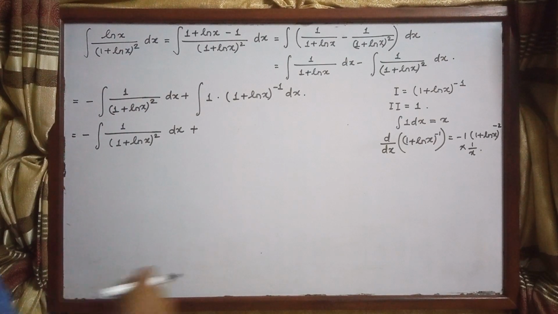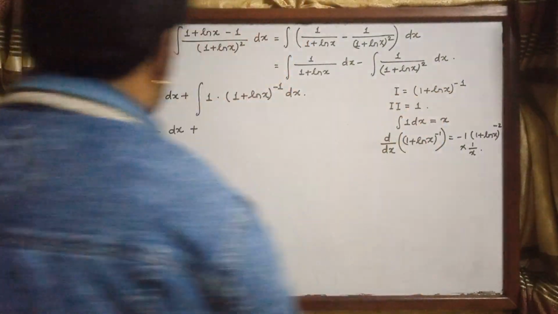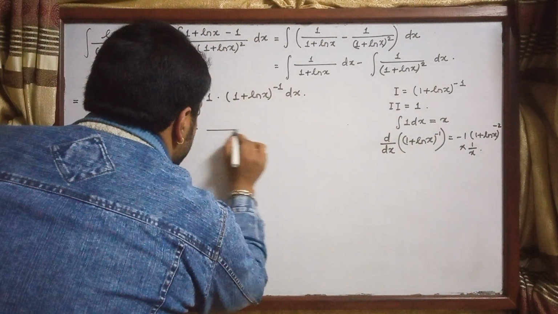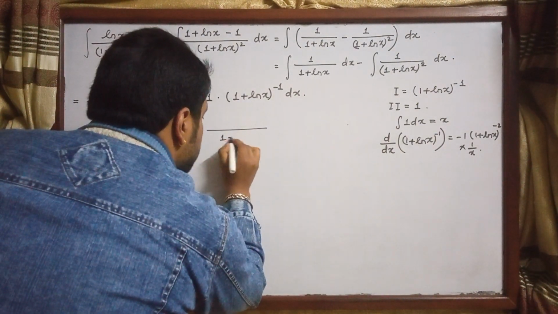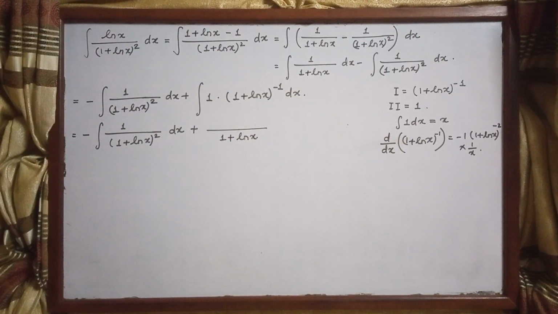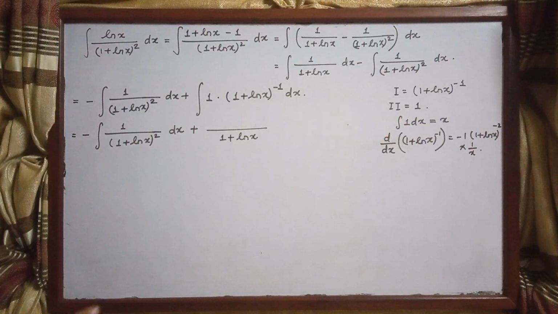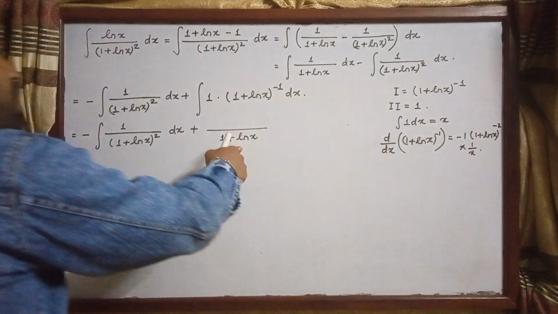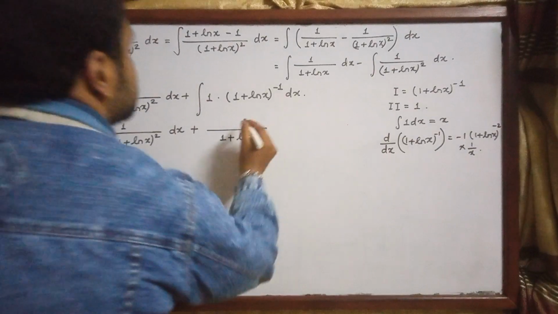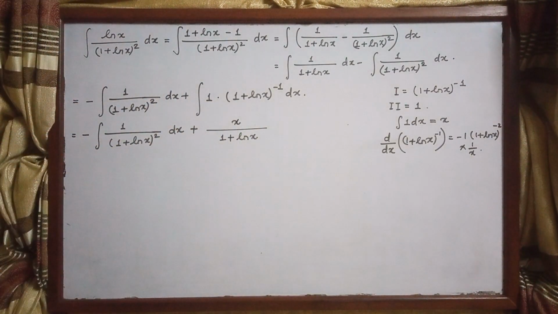So the first function, which is (1 plus log x) raised to the power minus 1, which basically gives 1 over (1 plus log x), all right? And the integral of the second function, which is simply x. So 1 by (1 plus log x) multiplied by x gives something which looks like this.